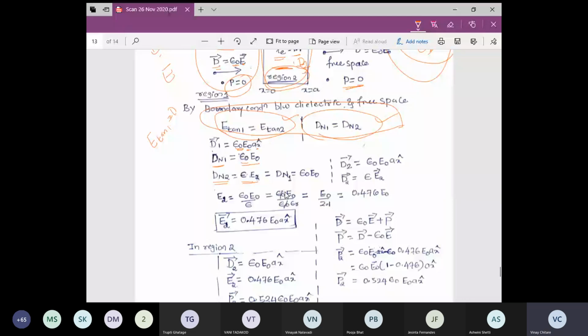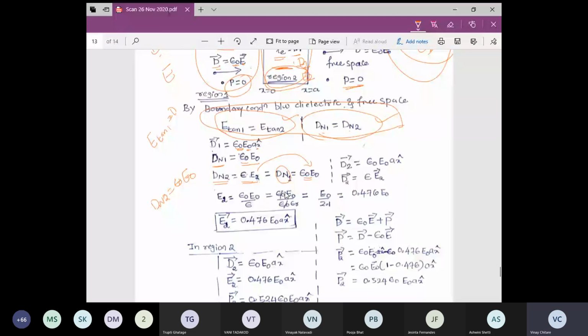As I said, Dn1 should be equal to Dn2. Dn1 is epsilon naught times E naught, so Dn2 should also equal epsilon naught times E naught. So we can really equate these two now.